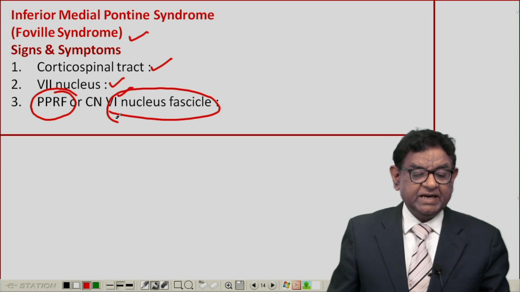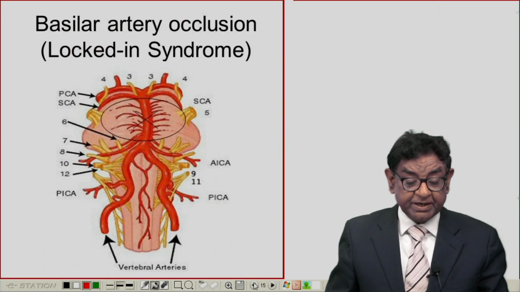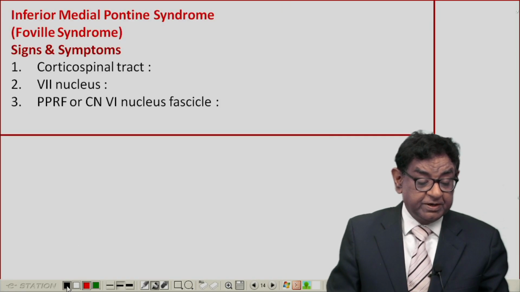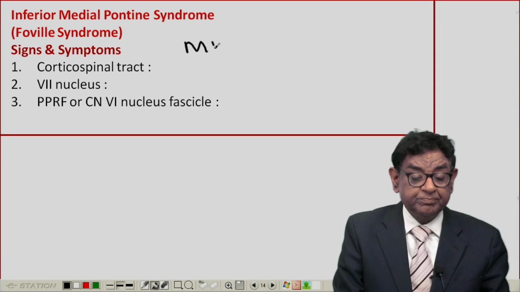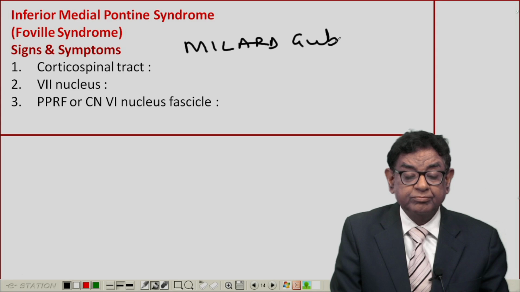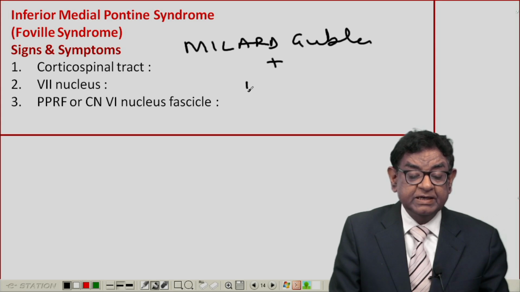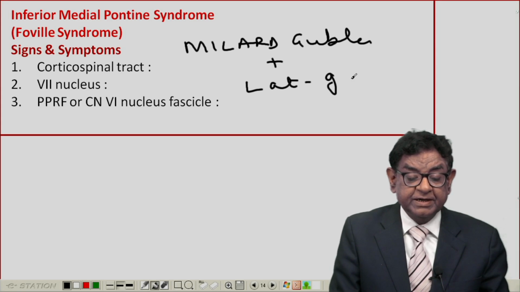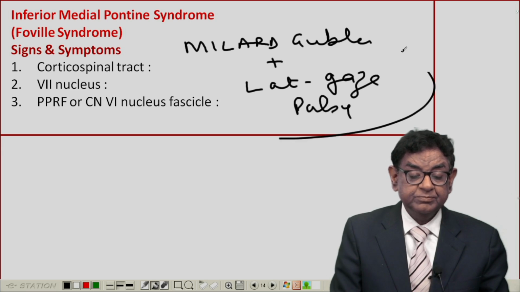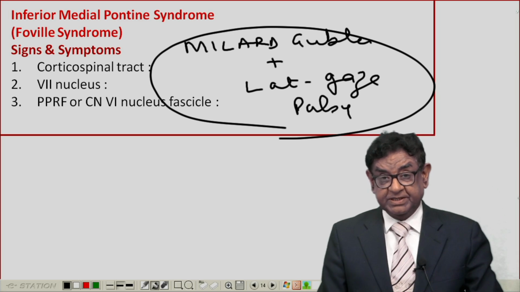So in a nutshell, we can say Foville syndrome is nothing but a combination of Millard-Gubler syndrome plus lateral gaze palsy. This is Foville syndrome.